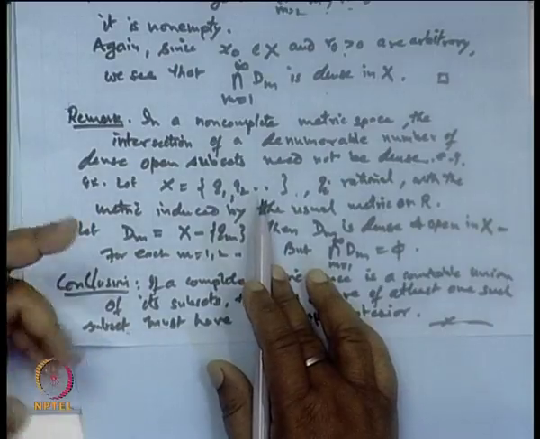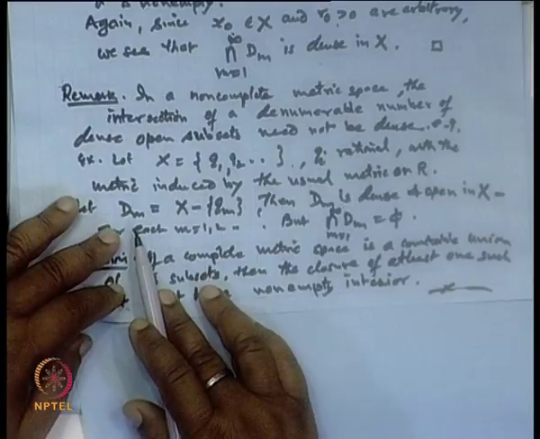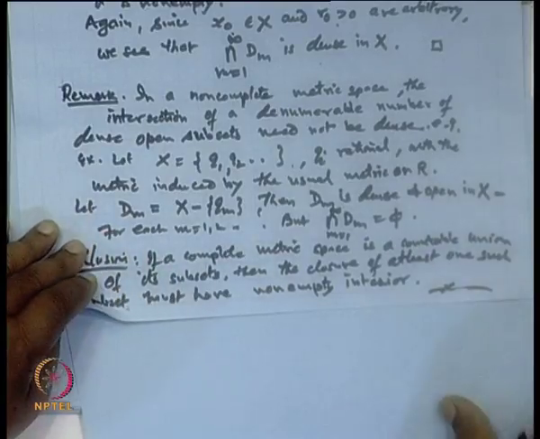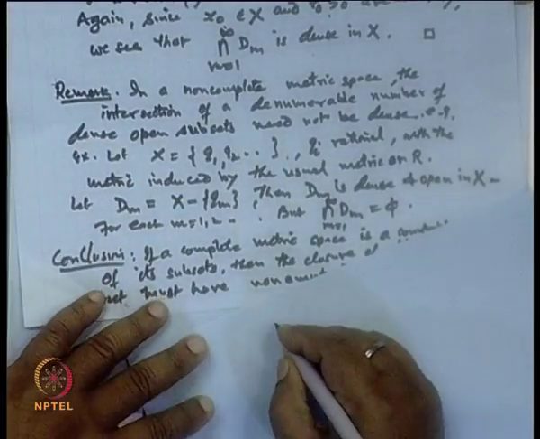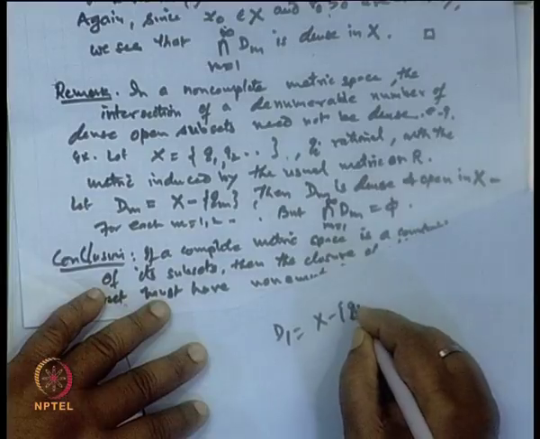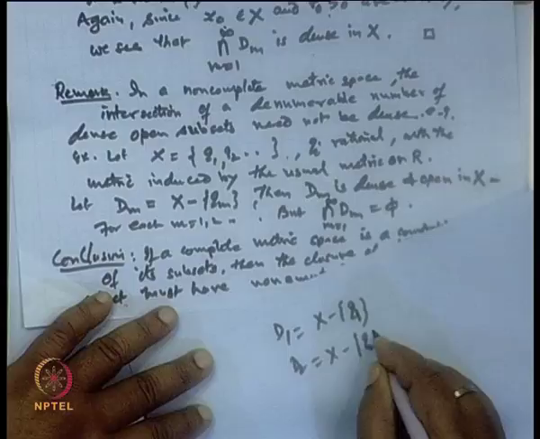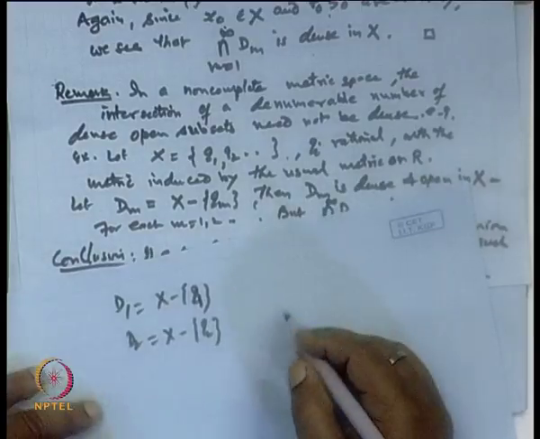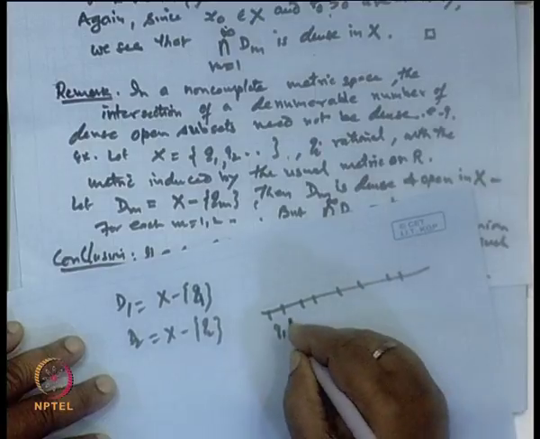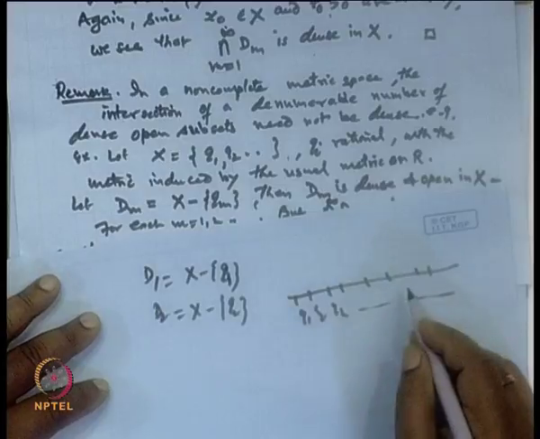So, it is an incomplete set. Okay. Now, let us define d 1, d 2, d n as X minus q n, that is, you are constructing d 1 as X minus q 1, d 2 as X minus q 2. So, basically this is the real line, and here are q 1, q 2, q n and so on. So, these are rational numbers, incomplete.